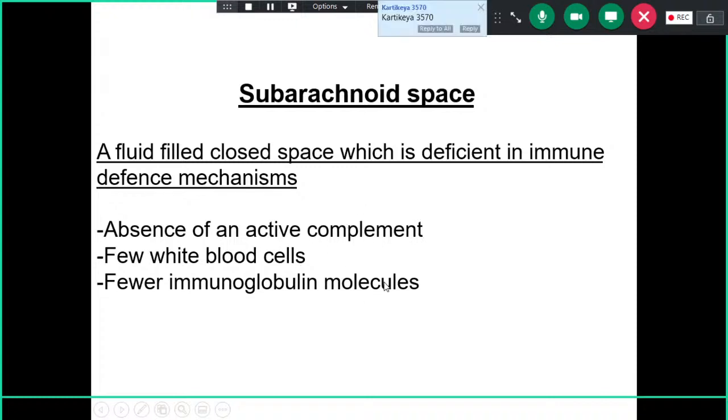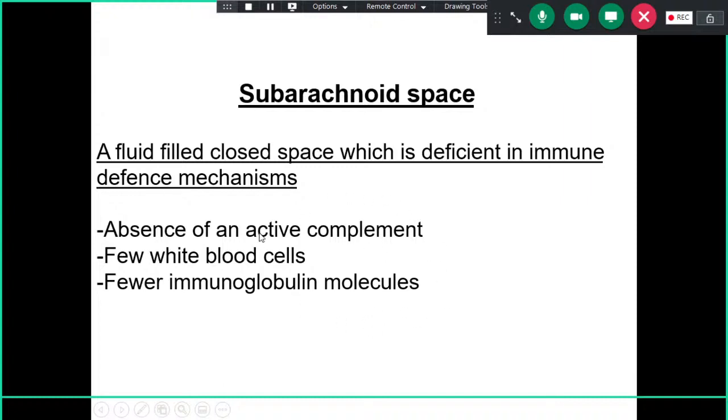If you compare the peripheral immune system with the central nervous system, you will realize that the immune system inside the brain is very compromised, in the sense that if you score the peripheral immune system as a 10, then the immune system inside the CNS will be probably 2 or 3.